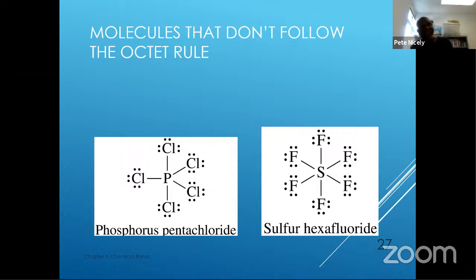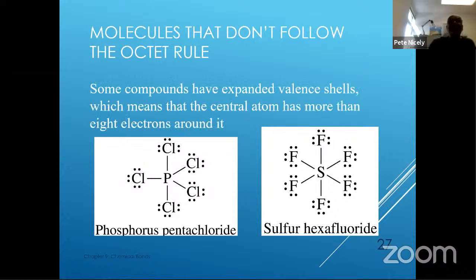We won't be able to explain that in this chapter. But this is another important point that you need to understand and recognize when it comes to Lewis symbols or Lewis structures for compounds containing a central atom which belongs to periods 3 and beyond. All right. Okay, so that's that.